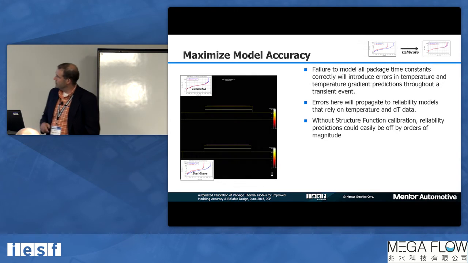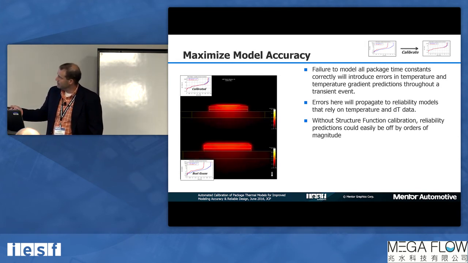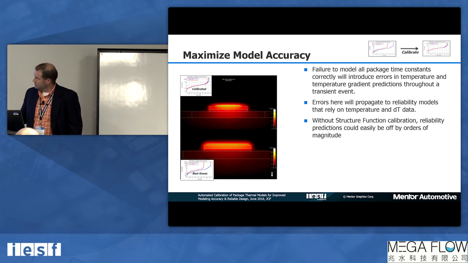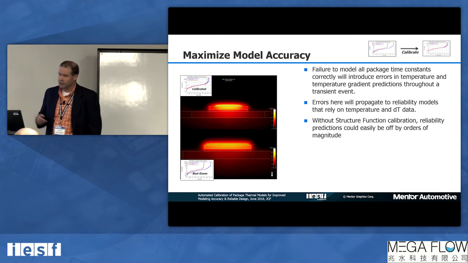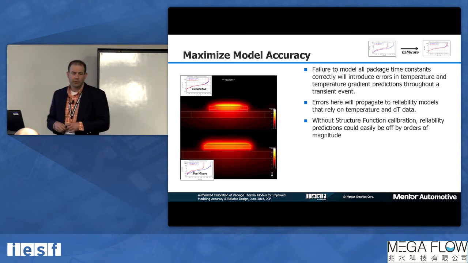And here's an animation where you can see this top one is the calibrated. So you can see there's a higher sort of gradient through here, where the one that was the original best guess has a different temperature profile, which can be, if you're sending results off to someone that's going to do stress analysis with that data, it could be very, very different results.